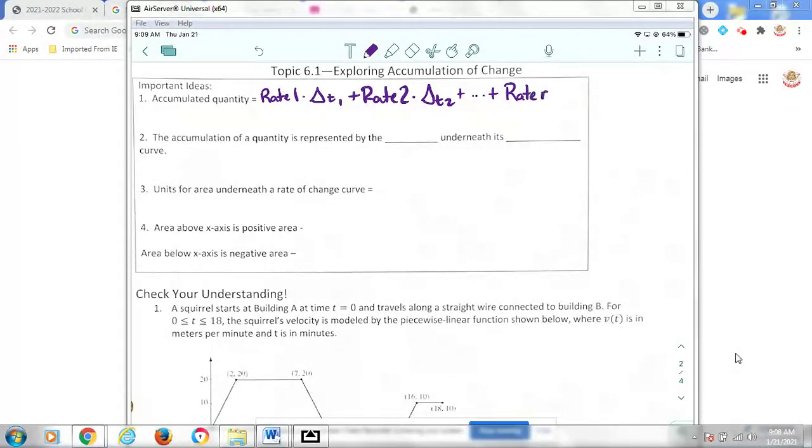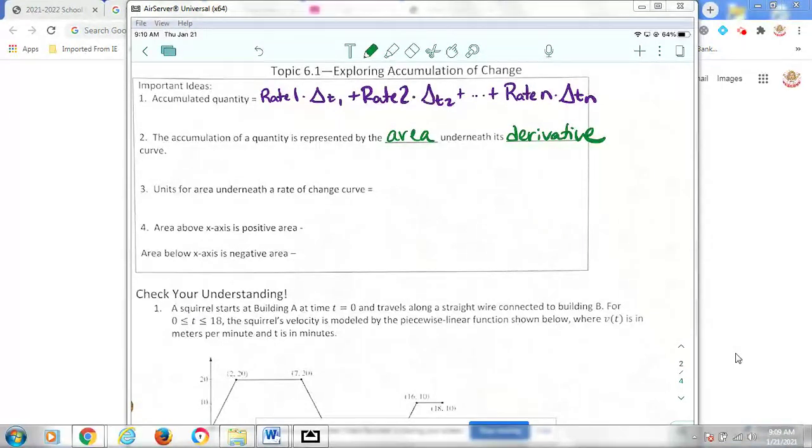So we'll say rate N times change in time N. All right, so the accumulation of a quantity is represented by the area underneath its derivative graph, or derivative curve.